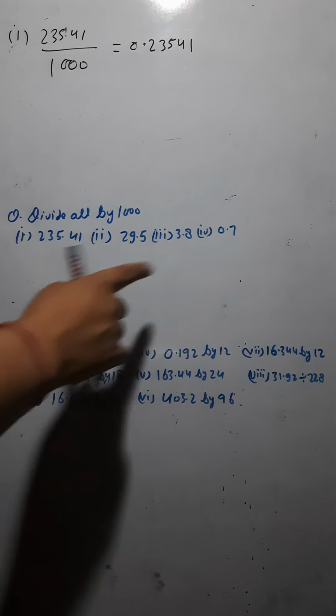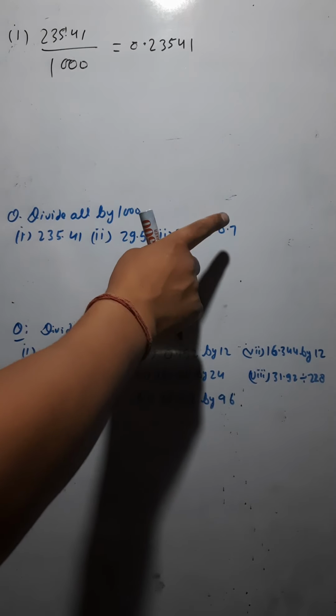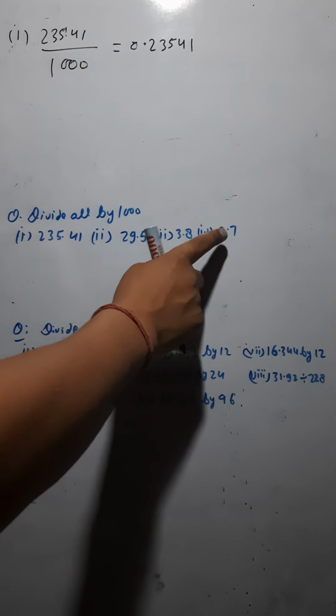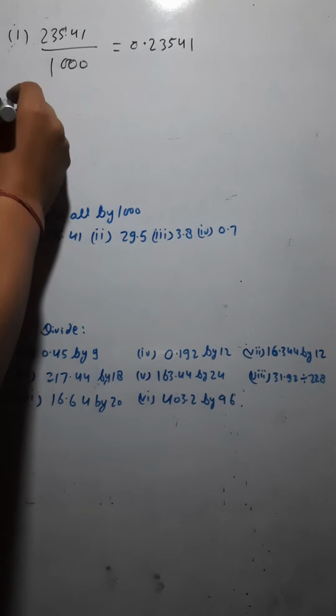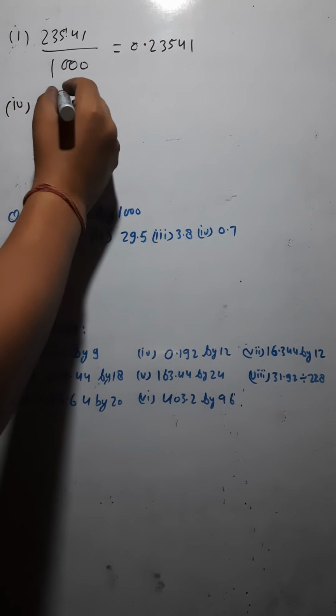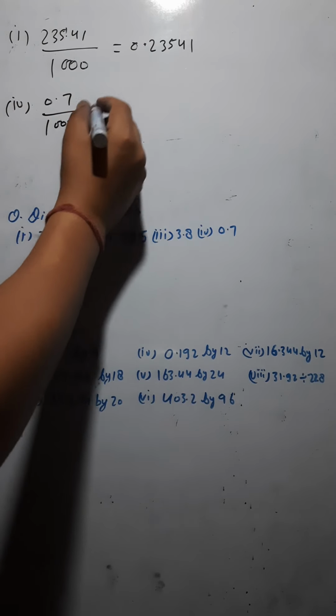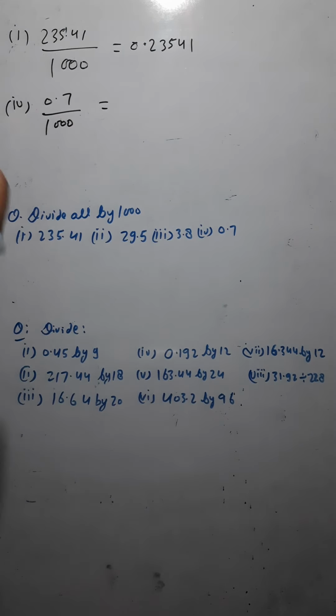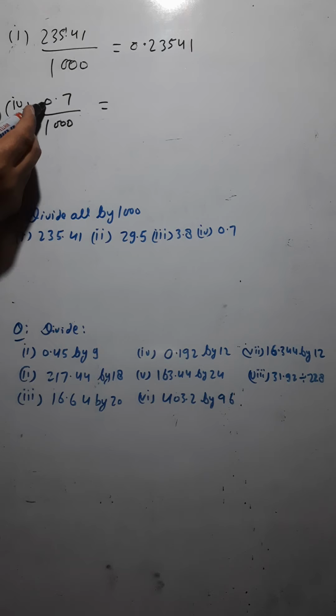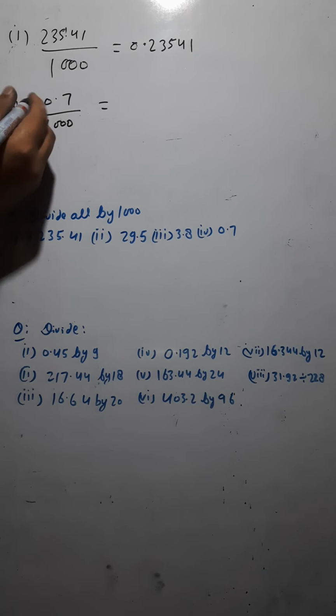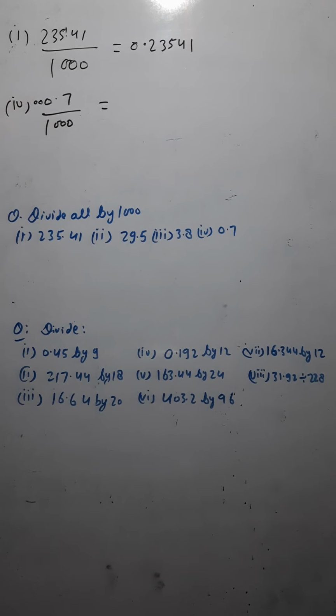Similarly, let's say you have to solve 0.7, that is the fourth one. Let's say you have to divide 0.7 by 1000. How do you divide? Again you have to shift three places, because three zeros are there, but you have only one place. Two more places are needed, so I would place two zeros here.